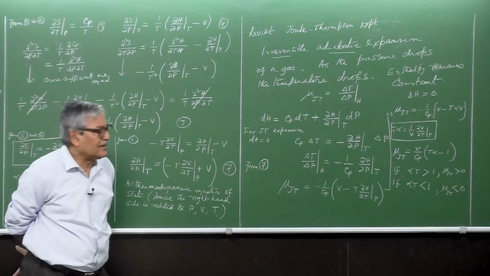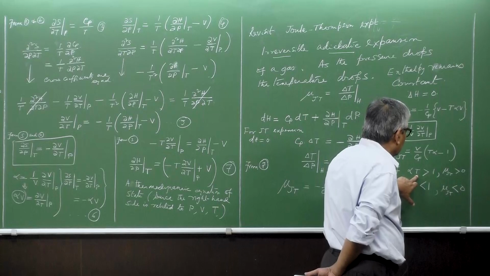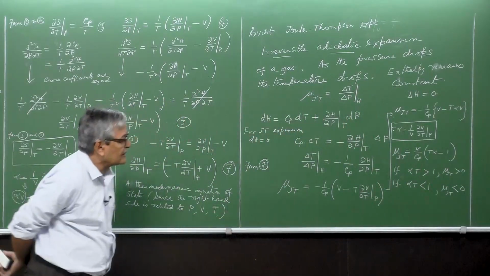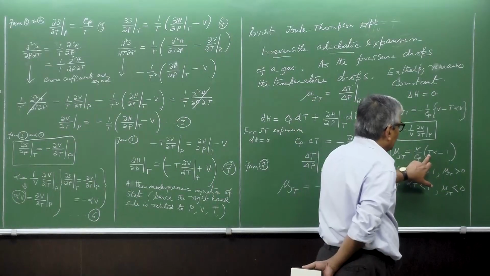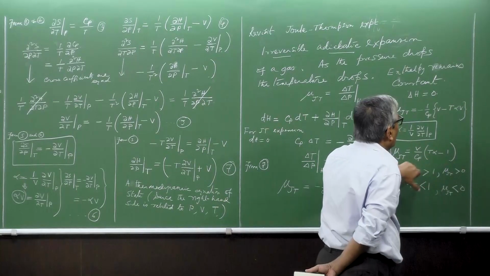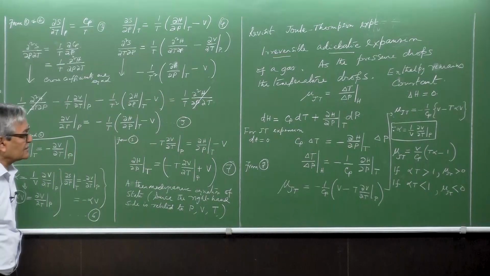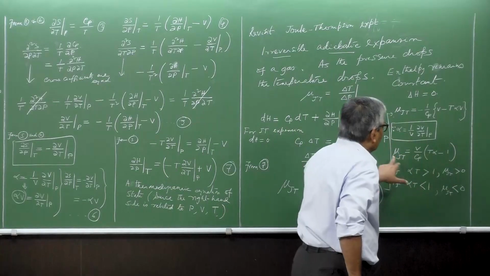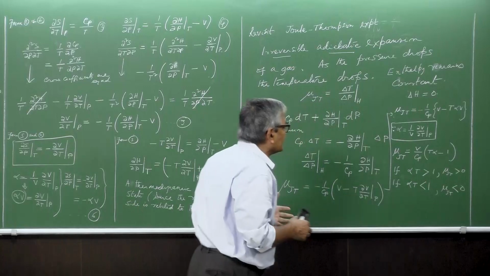So the Joule-Thomson effect also depends on the temperature of the gas at which there may be inversion. The inversion can be seen when the temperature is greater than or equal to 1 by alpha, or when it is less than 1 by alpha. So that shows that this is again a formal relation between different properties of a system.